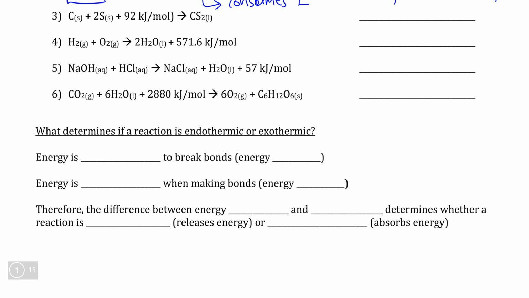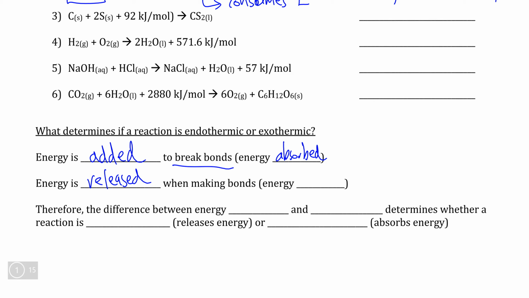So in closing, what actually determines whether a reaction consumes energy or whether it produces energy? Well, all of the energy that goes into a reaction, so all of the energy that is added to a reaction, is used to break the bonds or reshuffle the bonds around within the reactants. So again, this is energy that is absorbed. And then energy that is released by a reaction is released whenever the bonds are reformed in order to make the products.